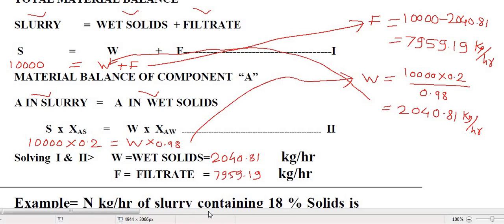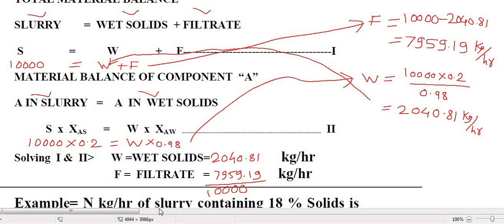As you know, this addition must come equal to the amount of slurry. Finally, you can check this answer: this addition must equal 10,000, because our input quantity of slurry is 10,000 kg per hour, and input must equal output in steady operation.